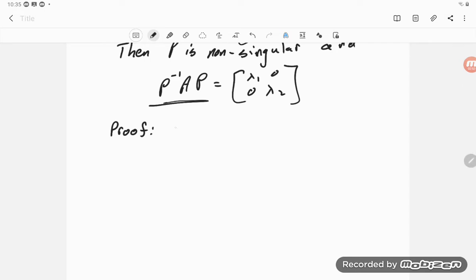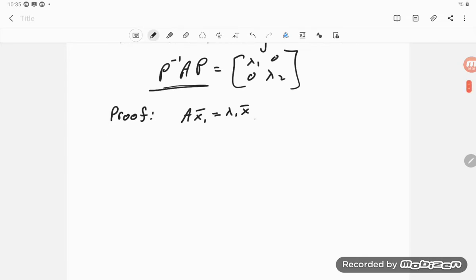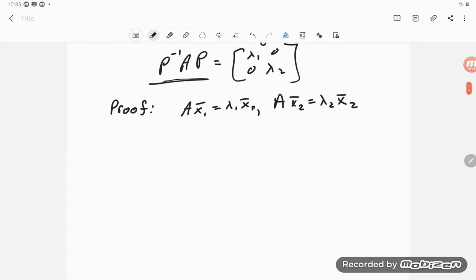So for our proof, we have A x1 is equal to lambda 1 x1, that's just by what we set up. And A x2 is equal to lambda 2 x2. That's just what we assumed. We said A has these distinct eigenvalues and eigenvectors.